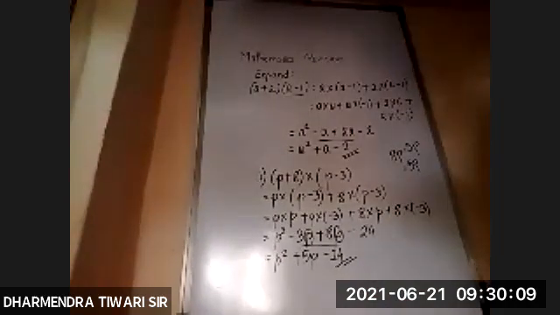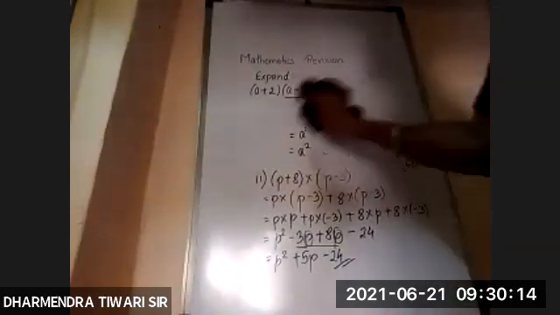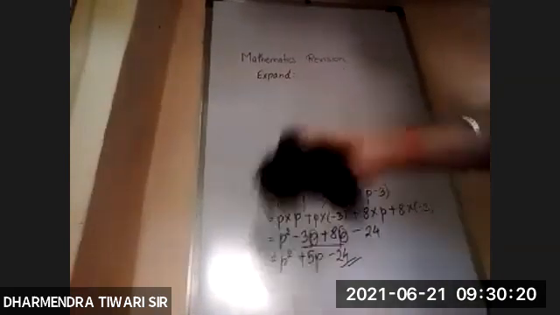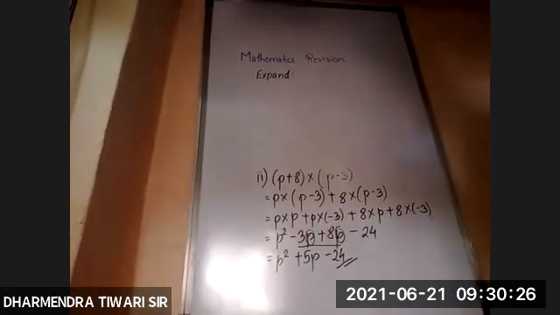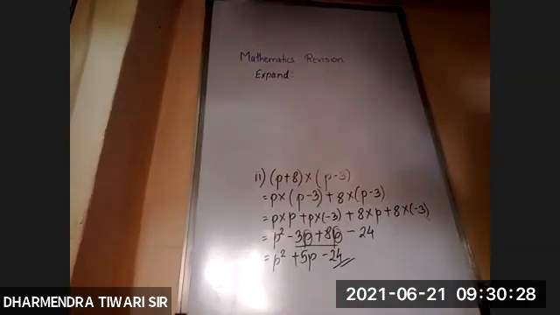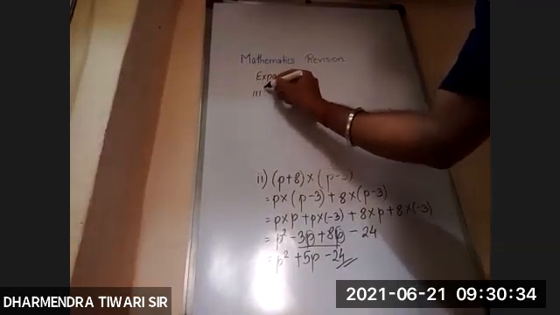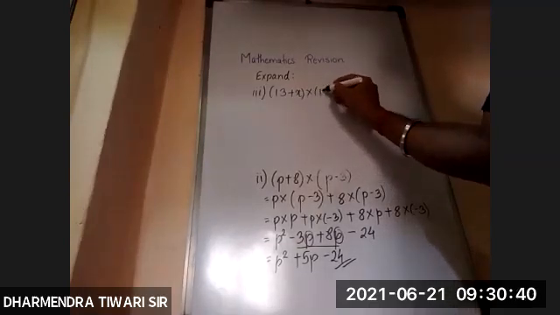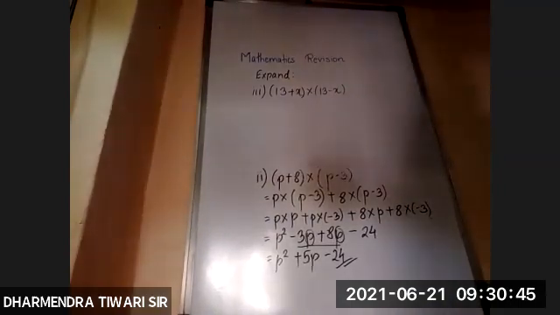We'll move to the next. Now, an (a + b) and (a - b) type problem. 13 plus x when multiplied to 13 minus x. Either you can do the expansion or you can apply the formula.